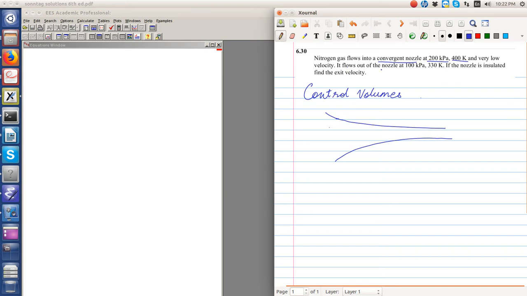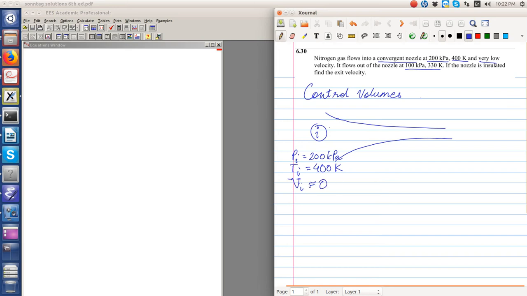If it flows out of the nozzle at 100 kilopascal and 330 Kelvin, it is also given that the inlet velocity is very low. So at the inlet conditions we have pressure equal to 200 kilopascal, temperature equal to 400 Kelvin, and the velocity, let me denote it by capital V, Vi equal to 0.